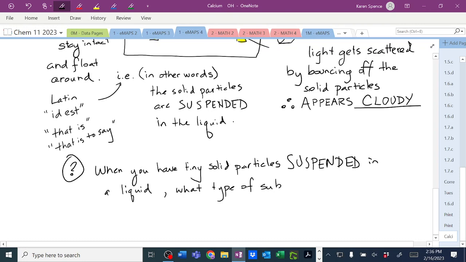I heard a couple answers, and in fact, there are a couple different answers. It is a suspension, which is a specific type of heterogeneous mixture.